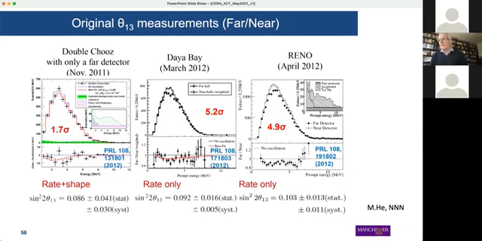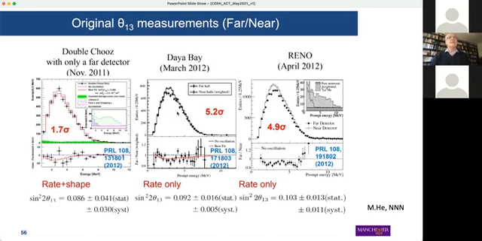Now, this is only one of those experiments. I'll not talk about the others in detail, but there are others, Double Chooz, Daya Bay, and RENO, where the experiment that did this, and this was about 10 years ago. So this is in France, Double Chooz, and Daya Bay is in China, and RENO is in Korea.